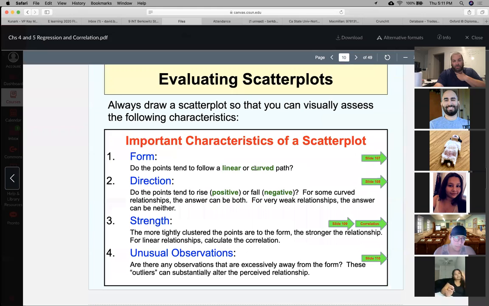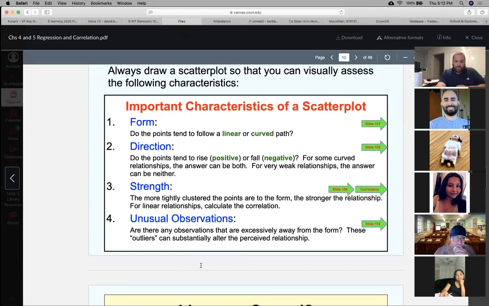If it is linear, is it positive or negative? For curved, it could be both, which is why we focus more on linear. And if it's very weak, it might not even be there at all, just a blob of points. We talk about the strength, how strongly linear it is: strong, moderate, weak, non-existent, and are there any outliers?